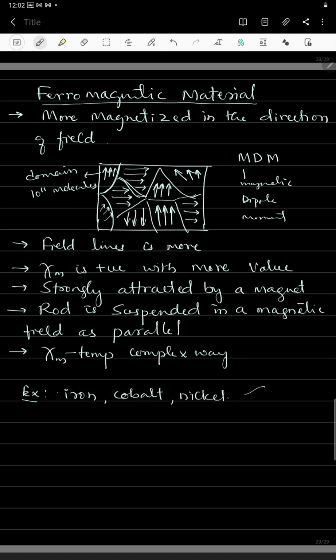So in a domain, each domain has 10 raised to 11 molecules.